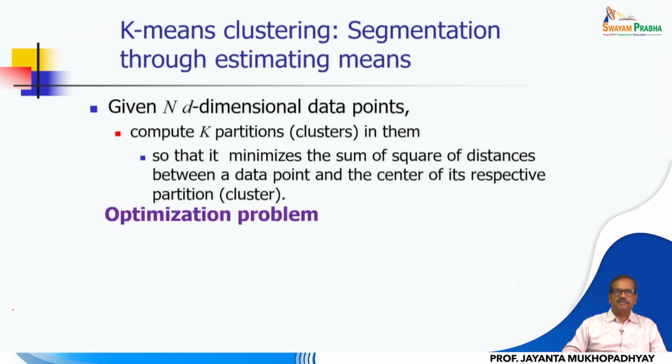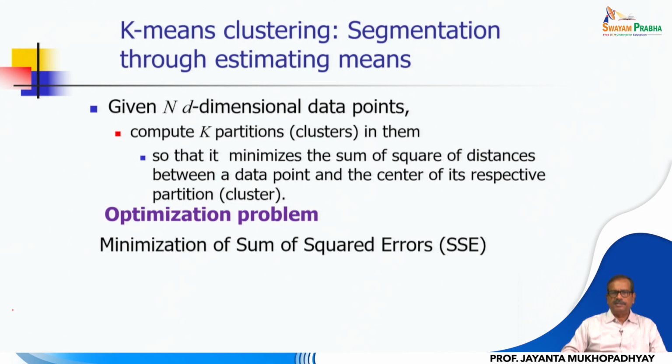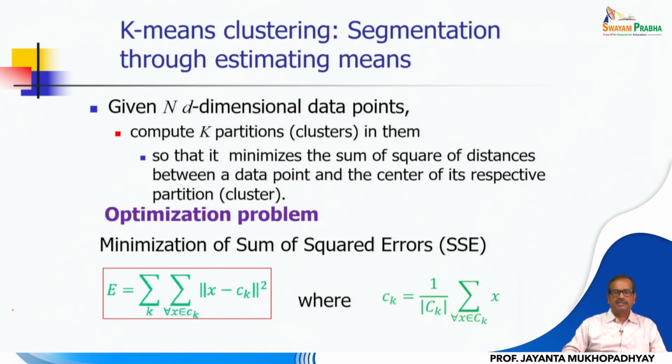If I mathematically represent this problem, it's an optimization problem. You are minimizing a sum of squared errors, and the squared errors are taken with respect to the center. In this description, suppose you have the kth cluster, and its center point is given by ck.